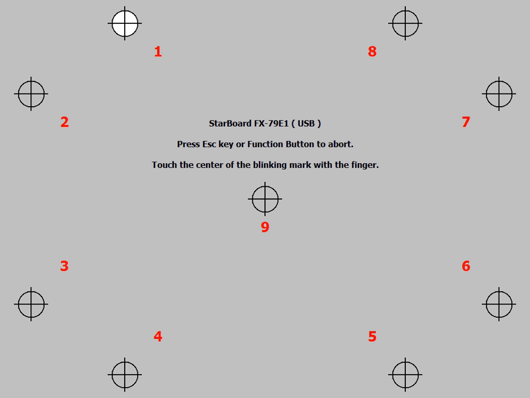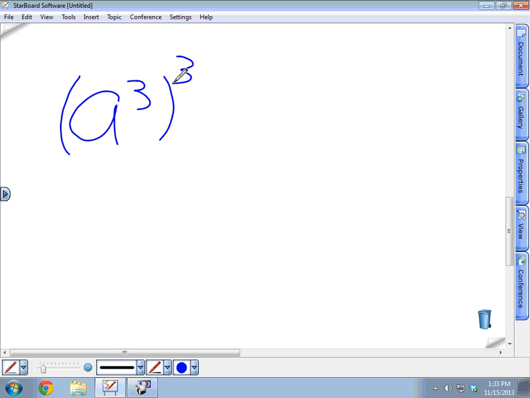A to the 9th. Good. Okay. Maggie, number 4. So that would mean the inside is squared, right? Multiplied. To what? 8. C to the 8th. Good.